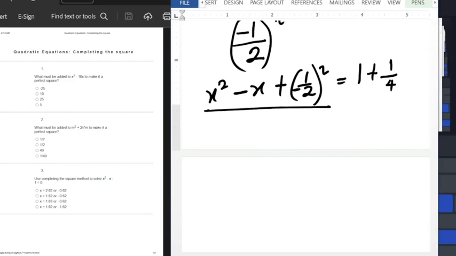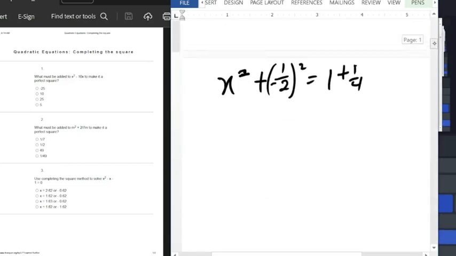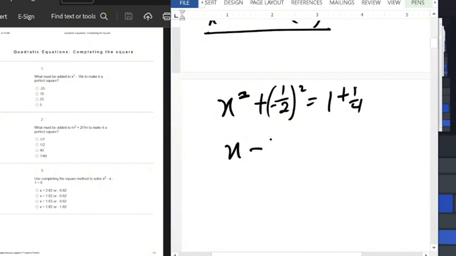By the time you factorize this, we're going to have x minus 1 over 2, everything squared, equals 1 plus 1 over 4. The minus and the plus make minus. This will give us 5 over 4.